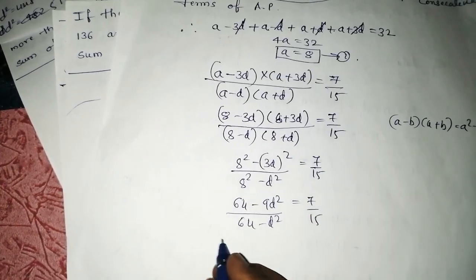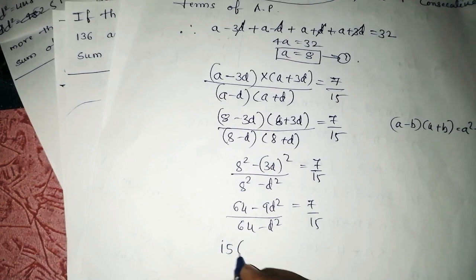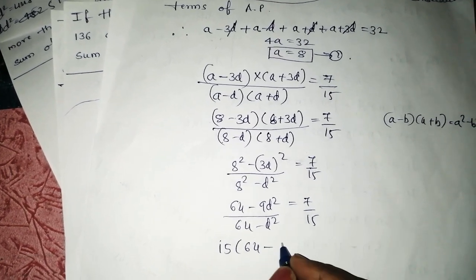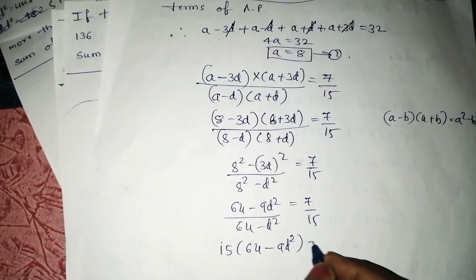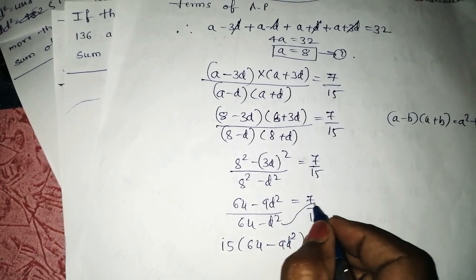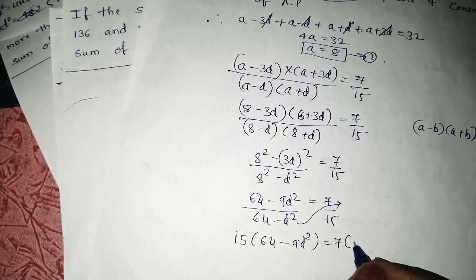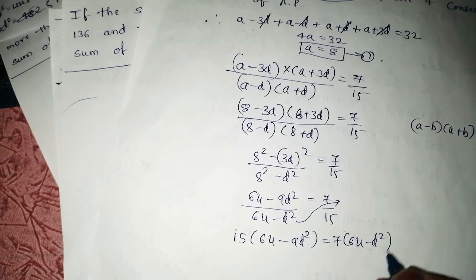By taking cross product, you are going to have 15 into bracket 64 minus 9d square is equal to 7 into bracket 64 minus d square.